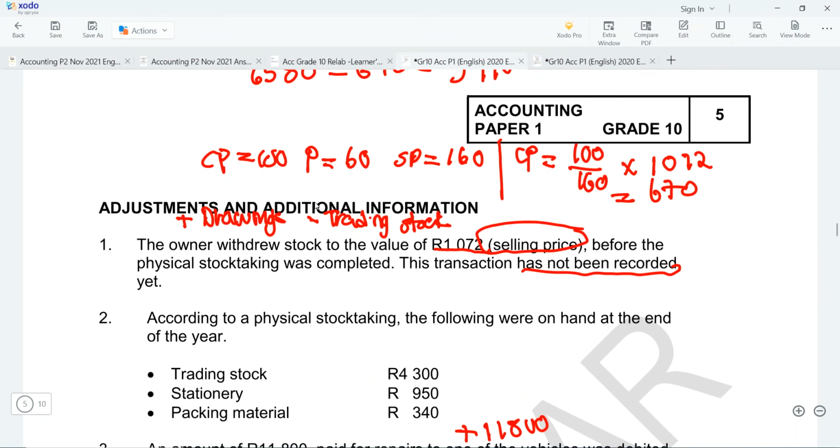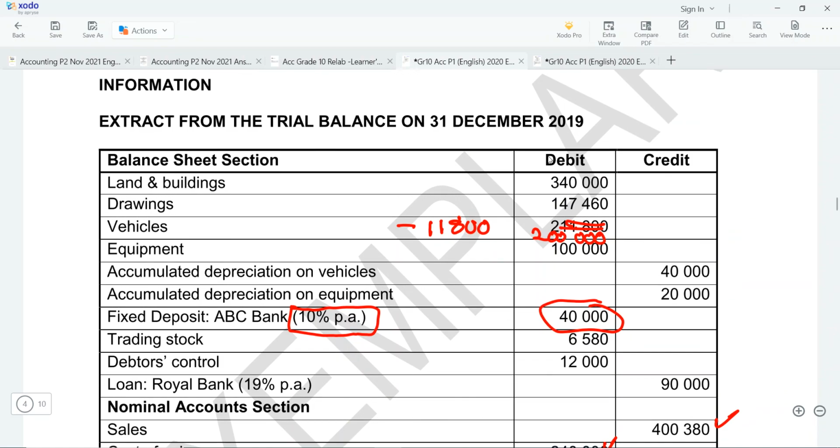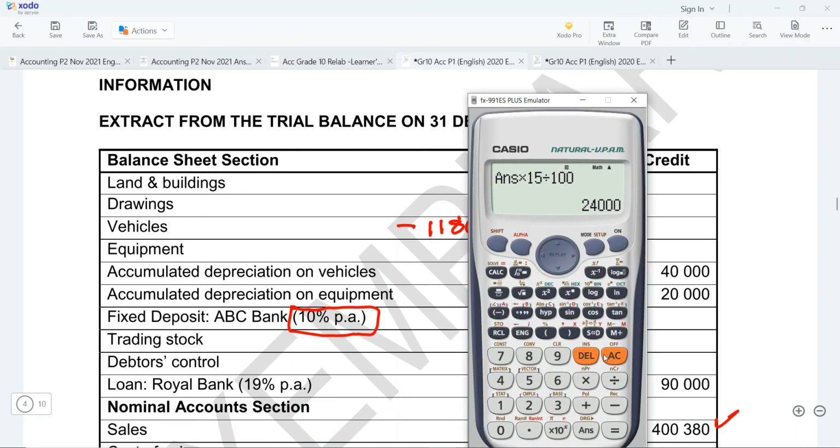I don't know how they made that mistake, because if we subtract that 11,800 of the error, we will be left with 200,000, and 200,000 minus the 40,000 of the accumulated depreciation will give you 160,000. And if you take 160,000 and multiply it by 15 over 100, as I was doing it here, let me show you. Remember we had 200,000, right?